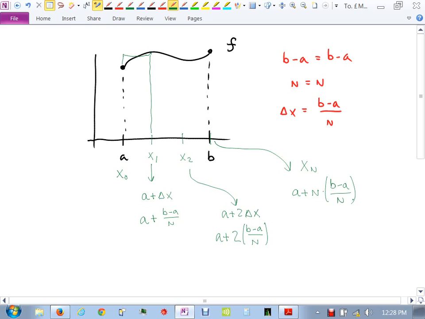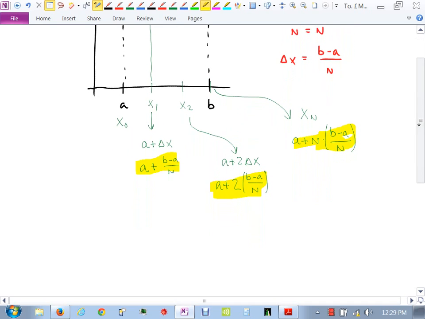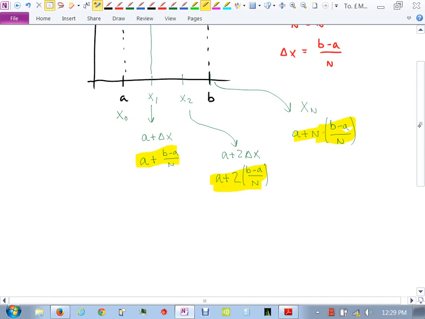Let's talk about heights of rectangles. It's just f evaluated at each of these. That's what each of the heights would be. And then the areas, we'd add them up. Because we just did this, it's perfect for a sum. So it would look like this.